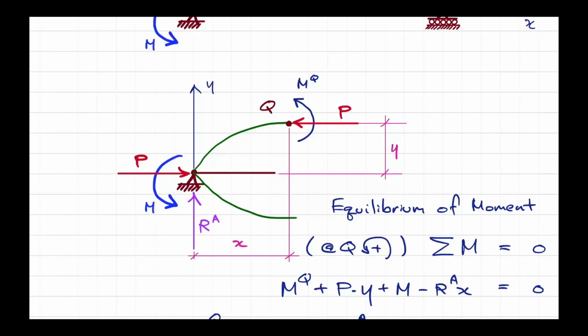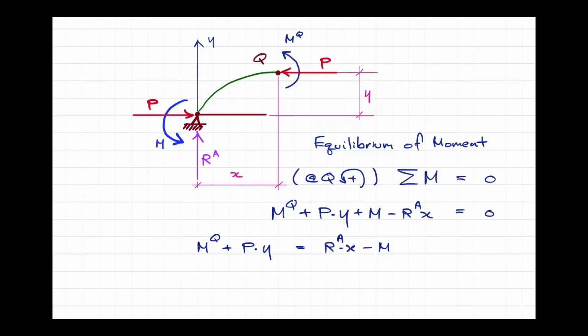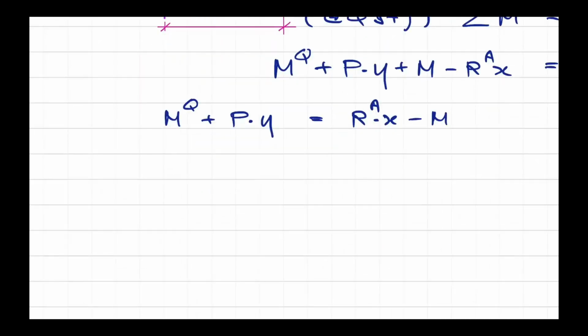But you just need to be consistent with the sign convention. So if it is going downward like that, your y magnitude will be negative. So when you cast the equilibrium equation, you need to account for those negative values of y in order to get the right magnitude and quantities in the equilibrium equations.